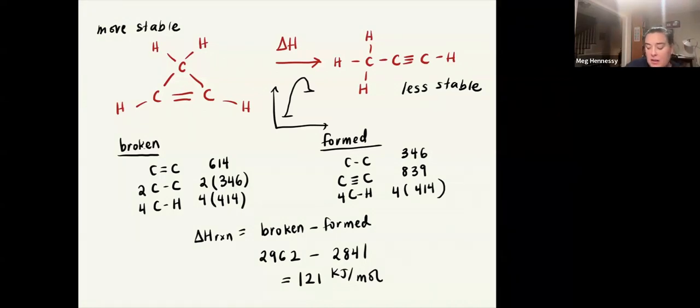And our answer is cyclopropene is more stable. It's because we were able to calculate the delta H of this reaction. We used the sum of the bonds broken minus the sum of the bonds formed. We found that was endothermic. We knew then that the products were less stable than the reactants, or that propyne was less stable than cyclopropene.